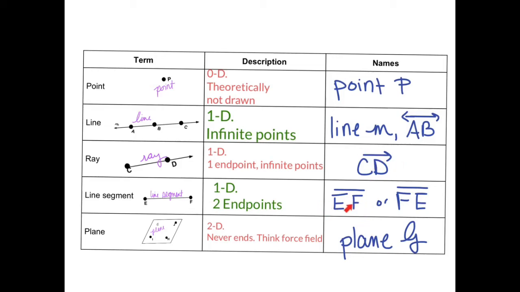The line segment, EF or FE, it doesn't matter which order you put those in, and it's just a short line with no arrows for that naming. And then the last one, this is plane G, sorry, that's my cursive G there, and that's coming from this G that's on the plane but does not have a point. That's how I know this one is plane G. You could also use the three letters in any order to identify the plane. So that's some naming.